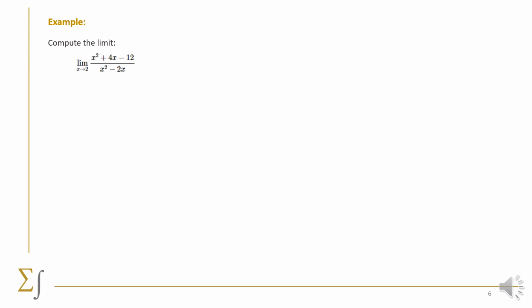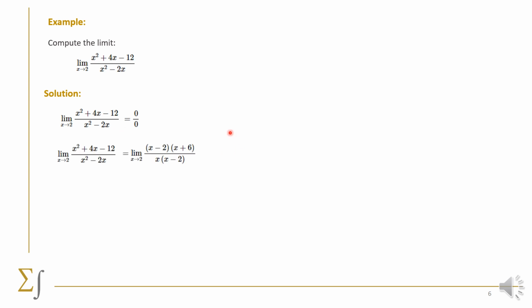Compute the limit of x squared plus 4x minus 12 divided by x squared minus 2x as x goes to 2. Direct substitution tells us that we have an undefined quantity, which is 0 over 0. Whenever we have 0 over 0 and we have a rational function in the form of a polynomial in the numerator and a polynomial in the denominator, we need to get rid of the 0 factor.